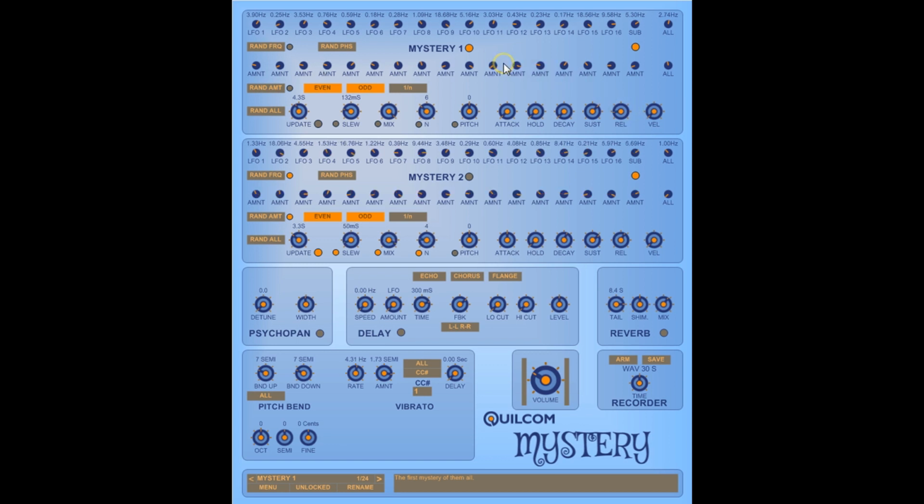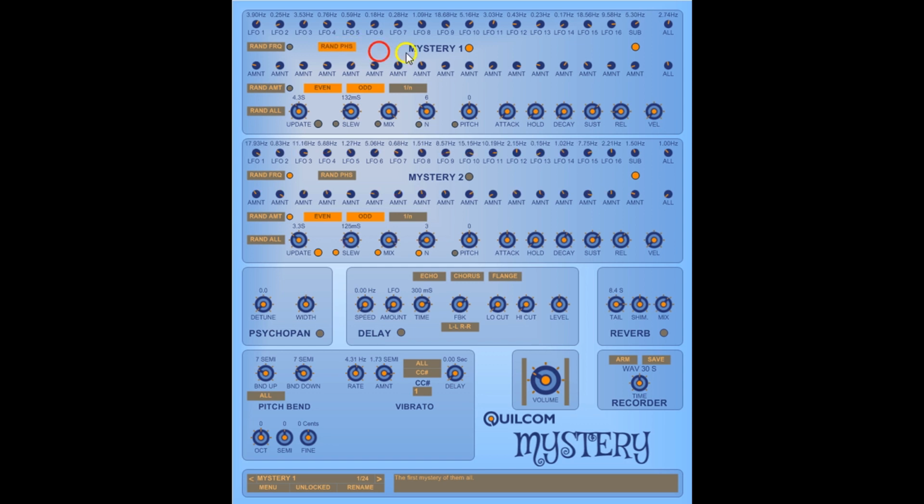For the LFOs, we have the option of randomizing the phase of each LFO when we play any note, and that starts the LFO cycle, which is a sine wave, at some random position in its cycle. So without randomized phase, we generally get a soft start because all the LFOs are starting at 0.